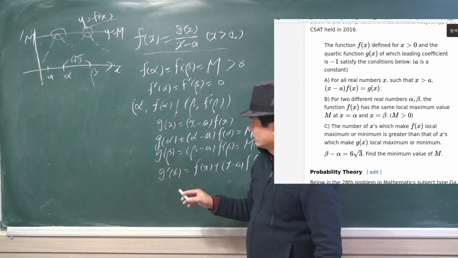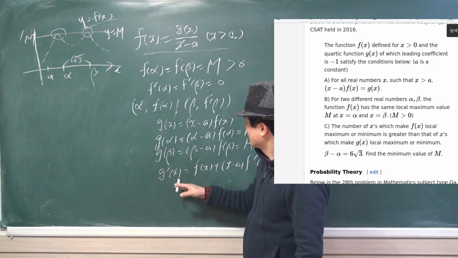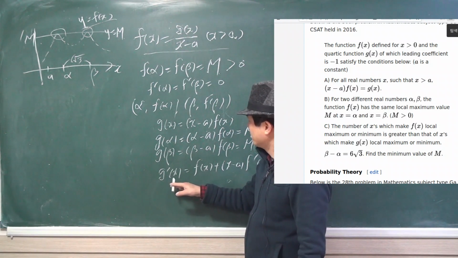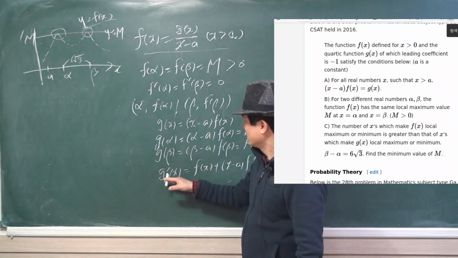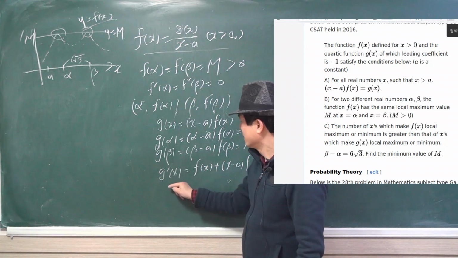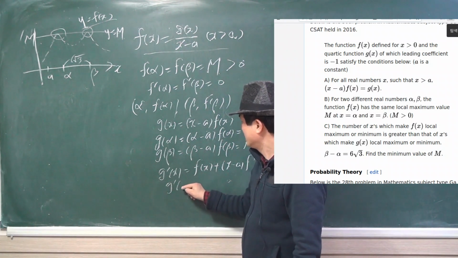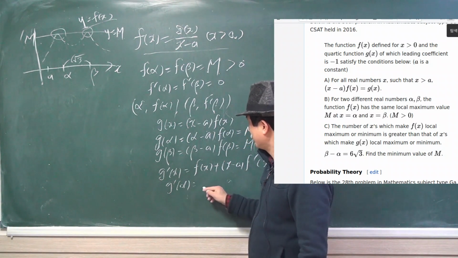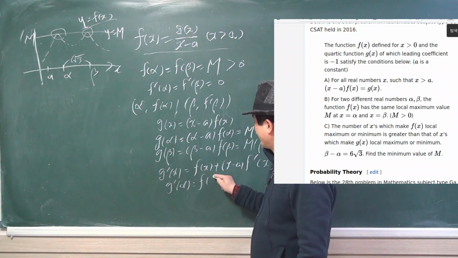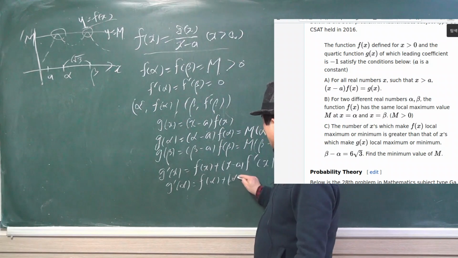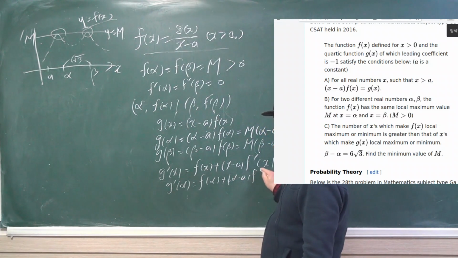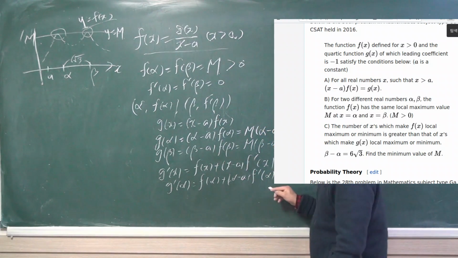Again, we plug in alpha and beta to the derivative function of g(x). Then we get g'(alpha) equals f(alpha) plus (alpha minus a) times f'(alpha).